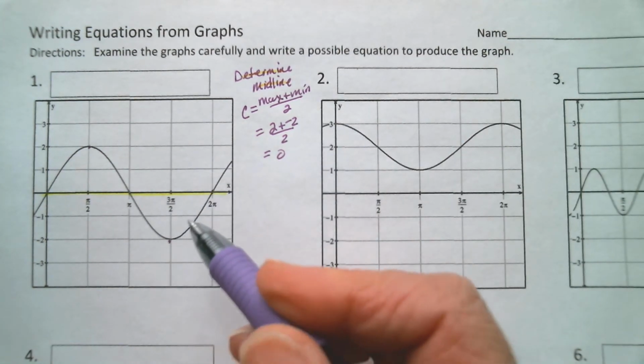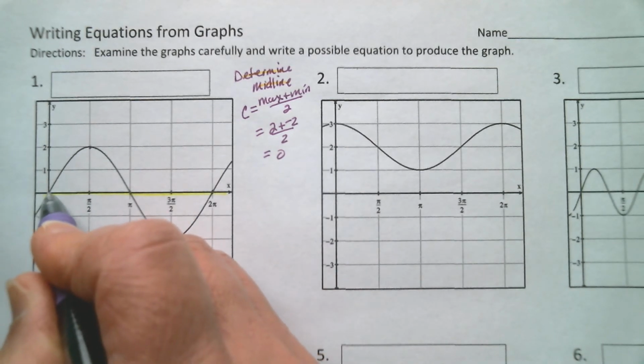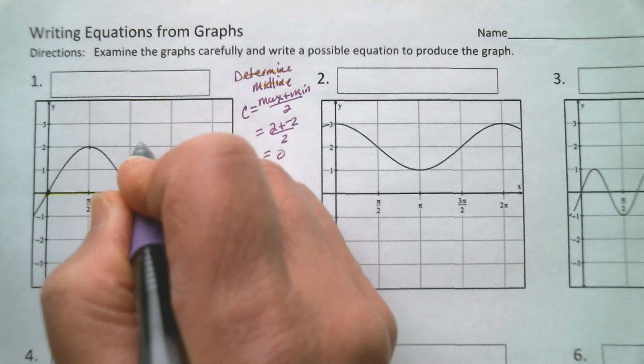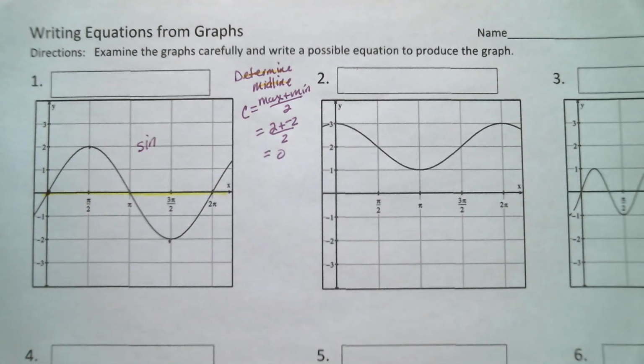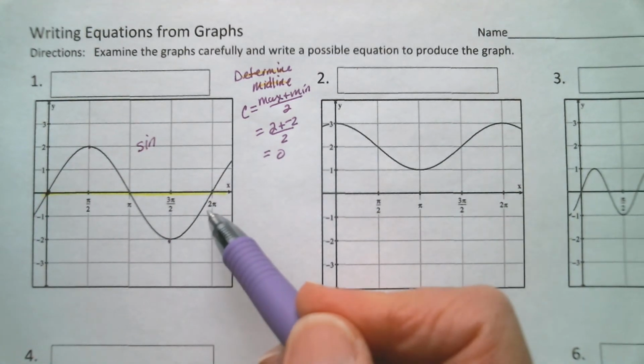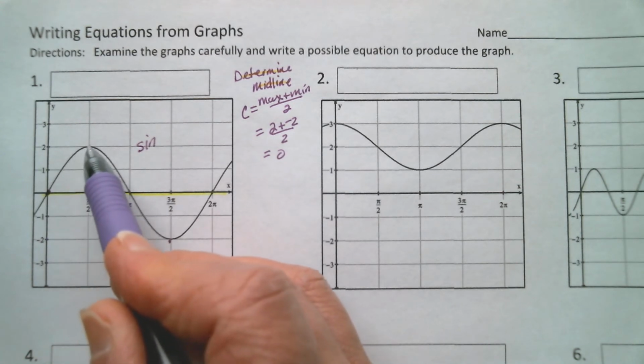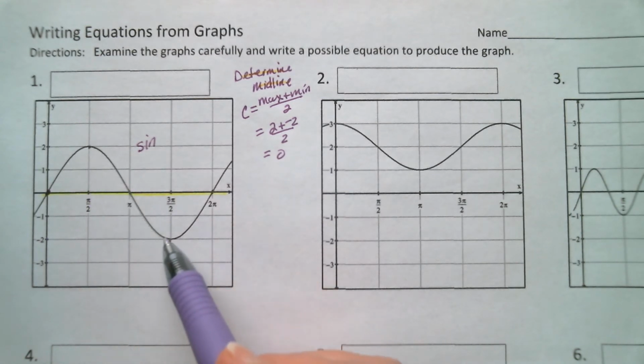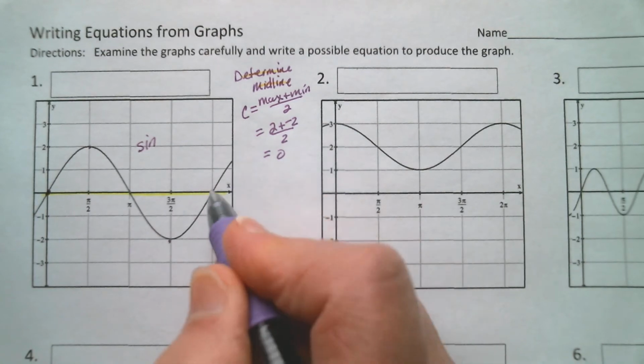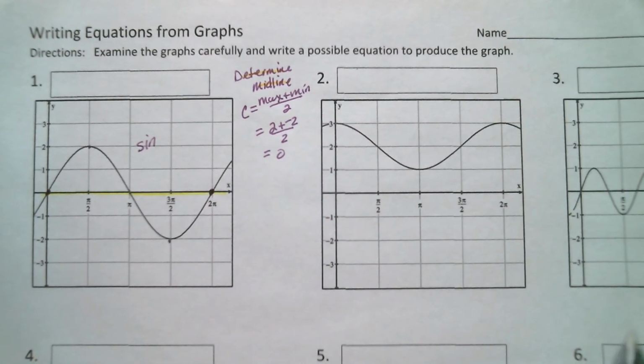And since this graph starts on the midline, this is a sine function. And what is the length of one complete sine cycle? Well, it starts on the midline, up to max, down to min, back up to the midline. So right there.